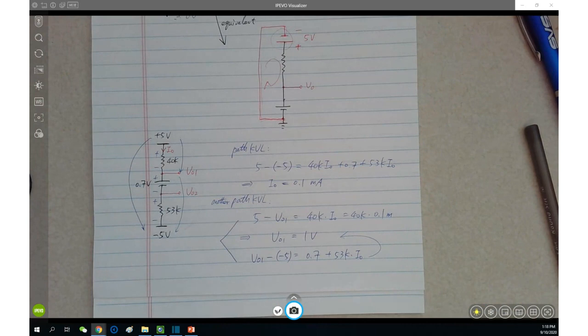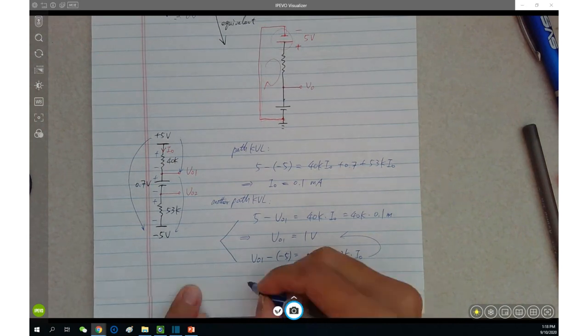All right, if this works out, then the last one is V naught 2. What's the easiest way? Again, there is more than one way to find V naught 2. Maybe neither way is difficult.